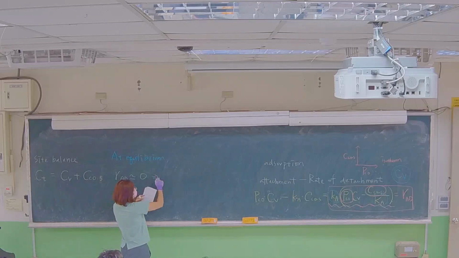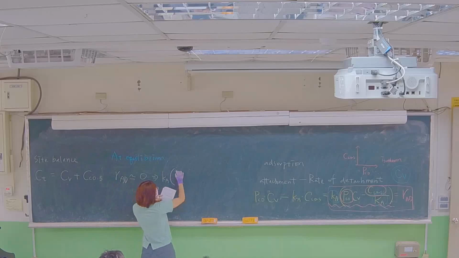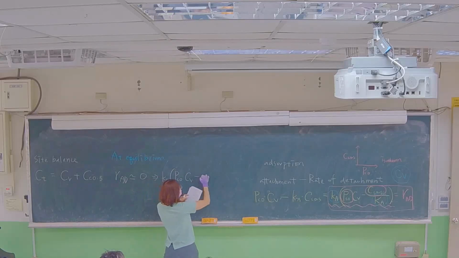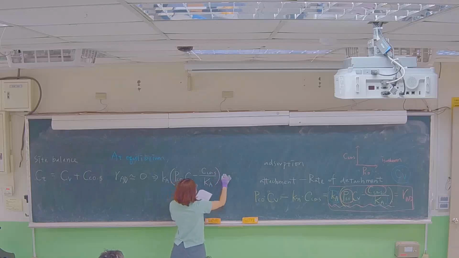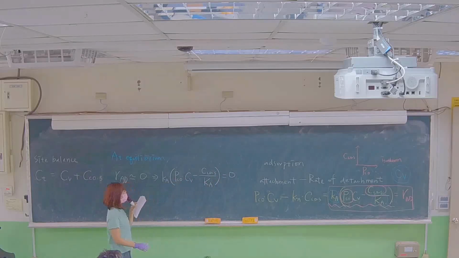Let's bring that one: Ka PCO CV minus the reverse term. I just copy the formula. This one equals 0.